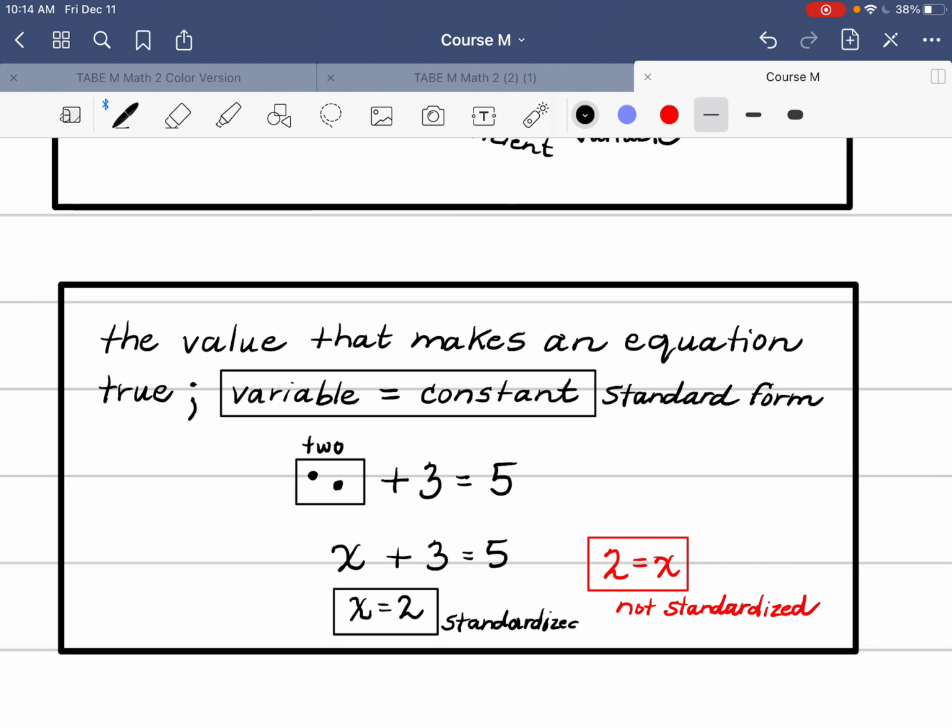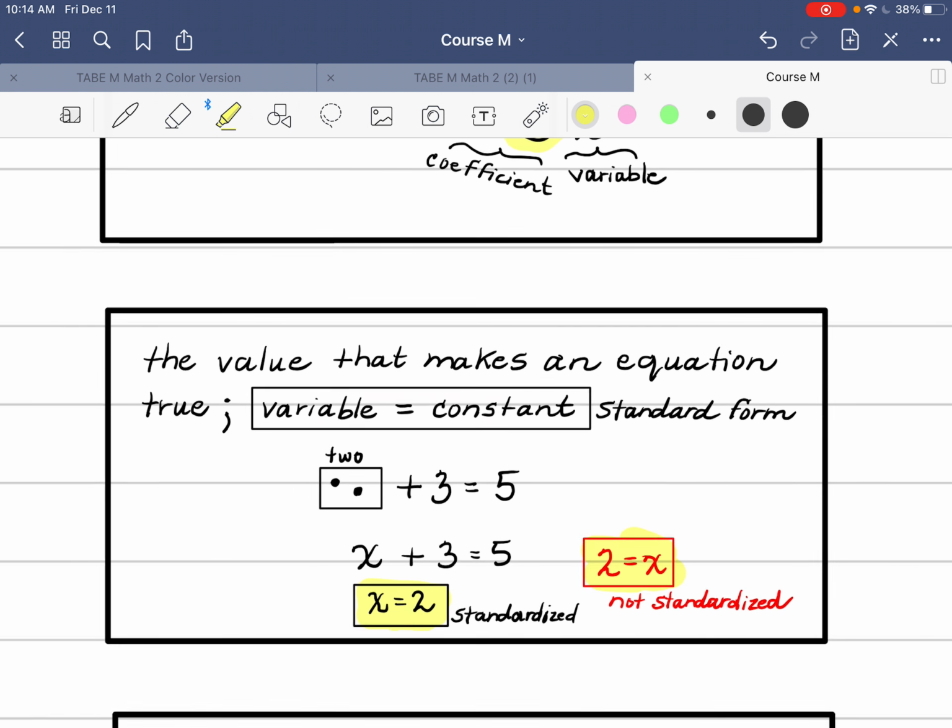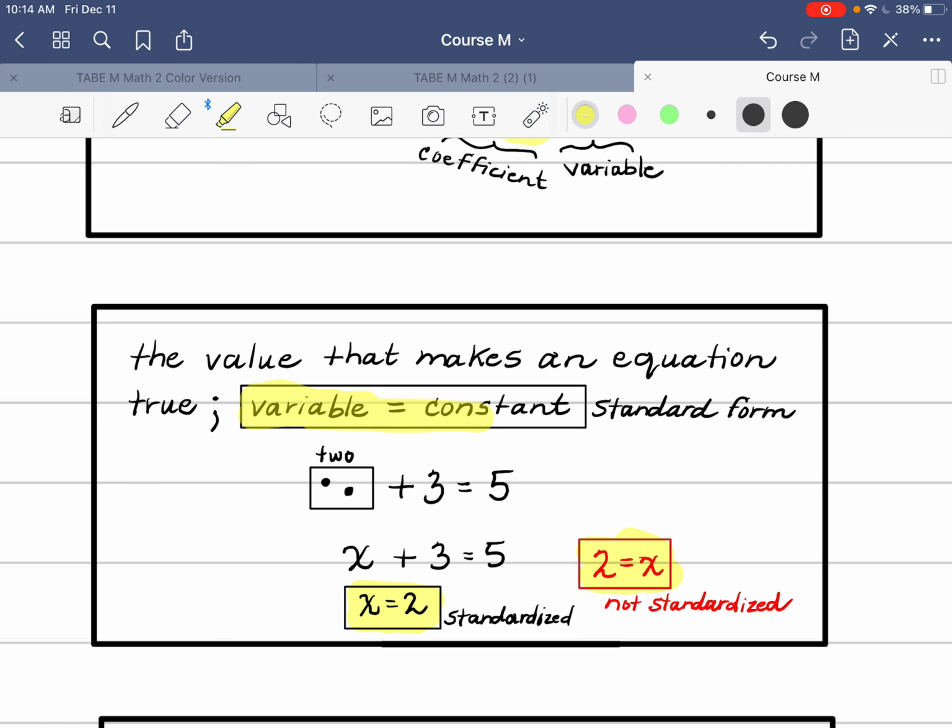So that's why we have to learn how to standardize our answers. But either of those is the solution. You can say it this way in standard form, or you can say it this way, which is not standardized. But in a solution, you have to have one variable and one constant. Actually, that's not true. Some equations have more than one solution, but for the ones we're looking at right now, it's one variable and one constant.